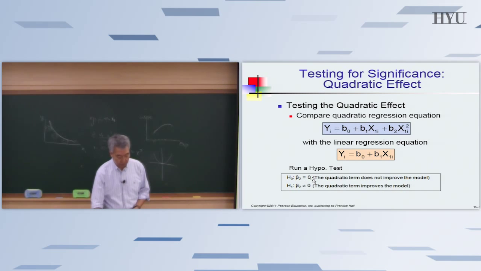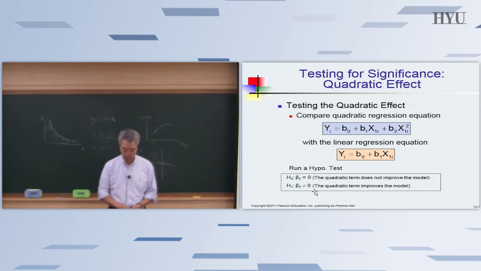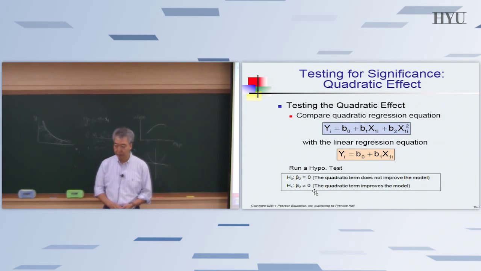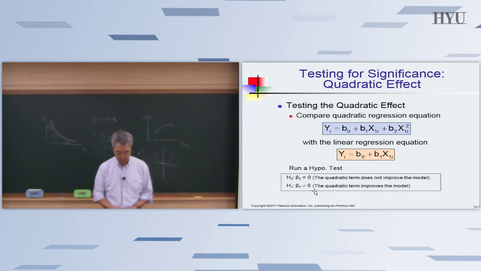What that means is this square term does not make much difference in the value of y, right? Alternative hypothesis claims quadratic term is significant or it improves the model. So you can run that test. That's nothing new here. I'm sure you all understand that.